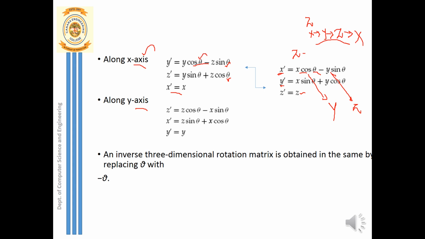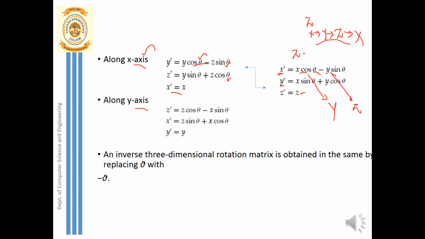And minus y sin theta was there earlier, and now with the cyclic permutation, y values will move to z, so instead of y, z. So write it as minus z sin theta. So this is called cyclic permutation. So now y dash is equal to y cos theta minus z sin theta.